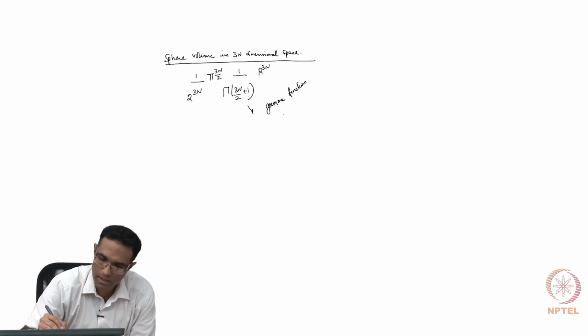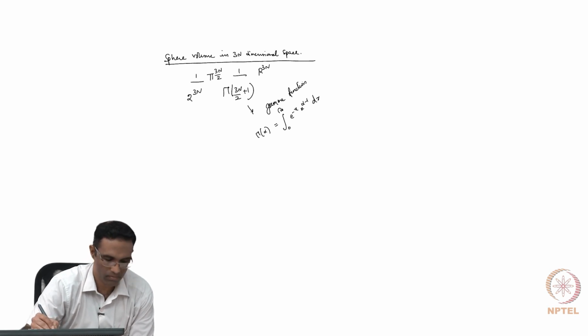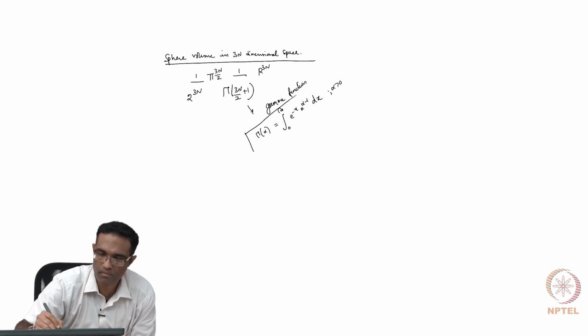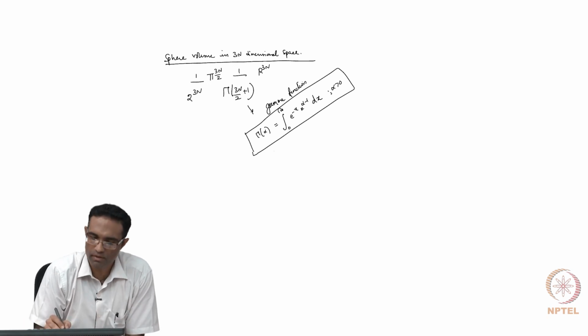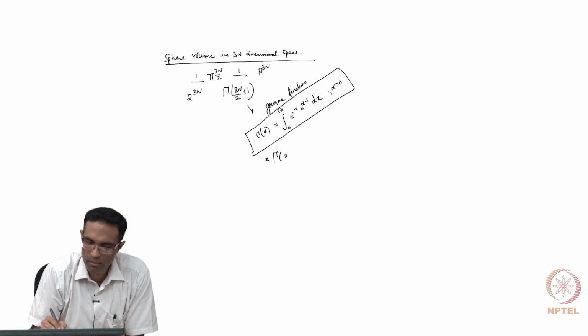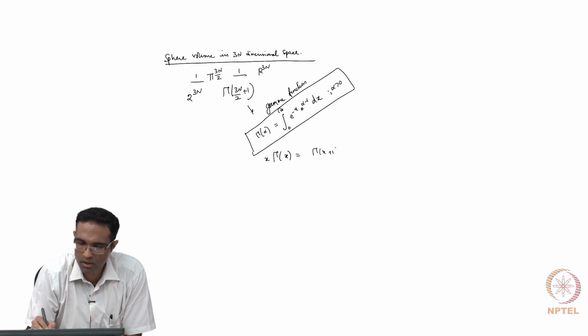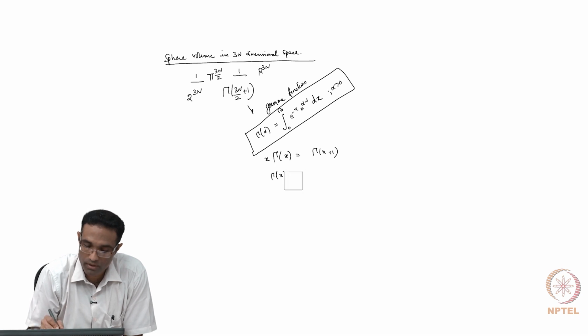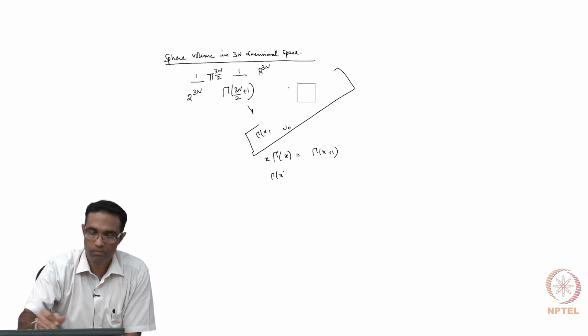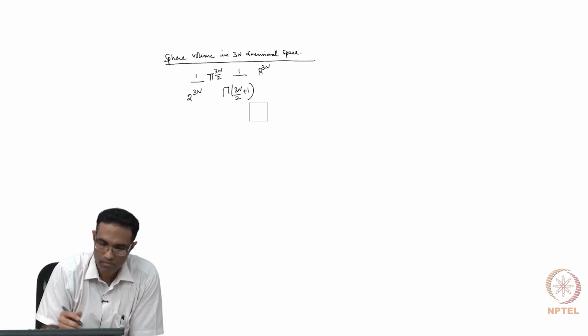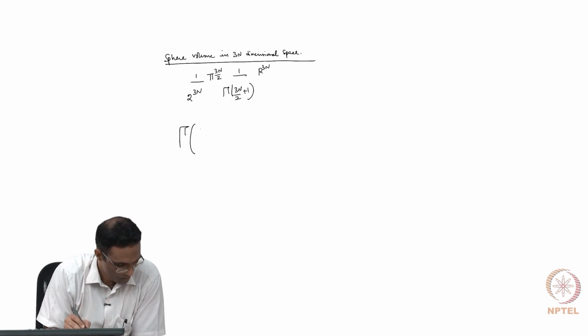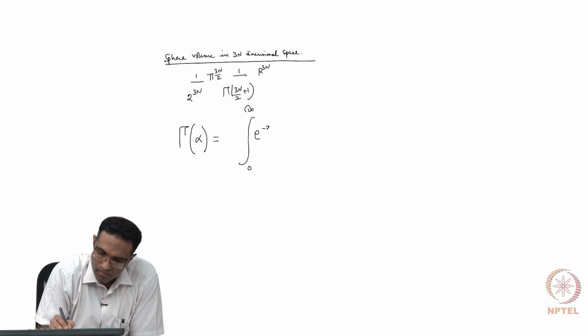So what is the gamma function? It has some interesting properties, where you have x times gamma of x is equal to gamma of x plus 1, and gamma of x is equal to, sorry, gamma of... Okay.